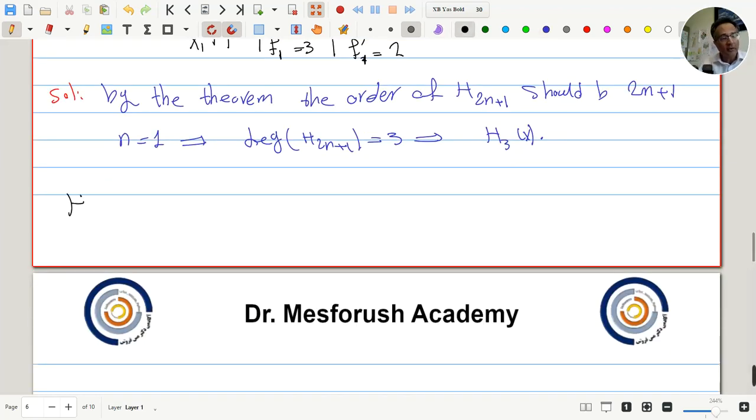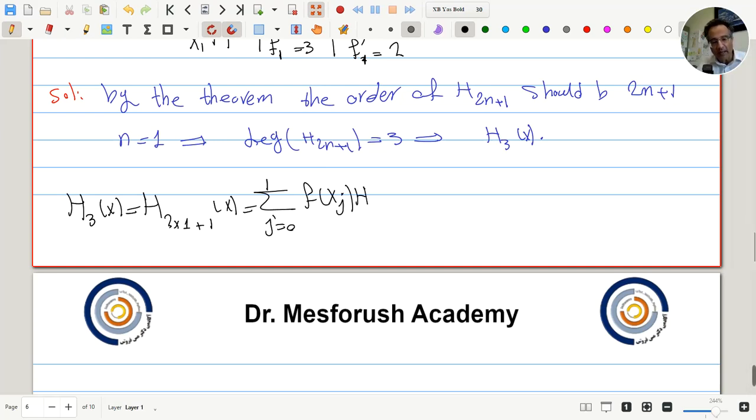Now let me start. H3 of x is equal to H_{2n+1} of x, and this is equal to the sum j equal to 0 to 1 of f of xj times H_{nj} (n is 1 and j should appear here) of x, plus the sum j equal to 0 to 1 of f prime of xj times H hat 1 and j at x.